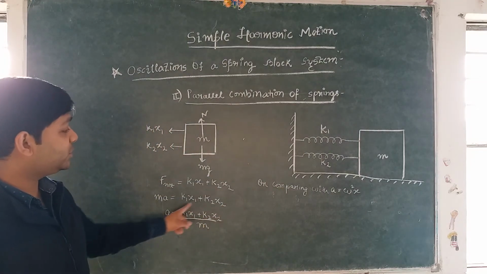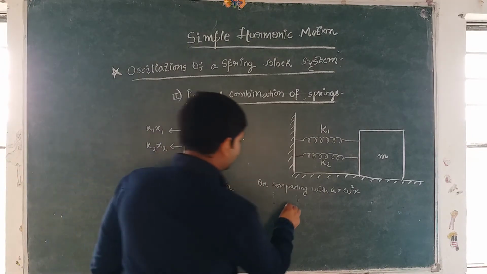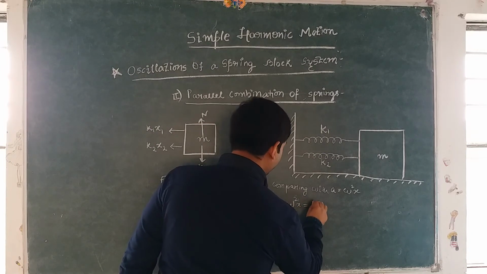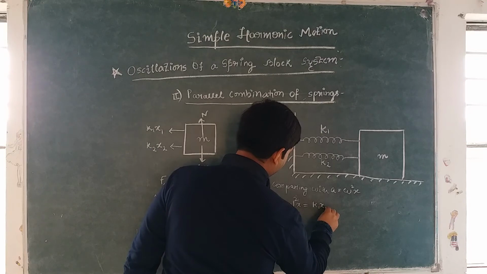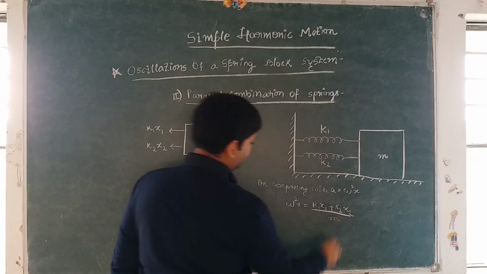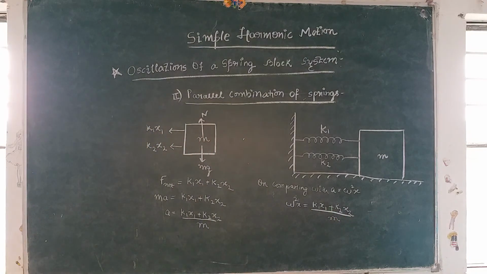Omega square x should be equal to this thing. So omega square x should be equal to (k1 x1 plus k2 x2) upon m. I hope everyone has done till here. So this is our expression that we get.